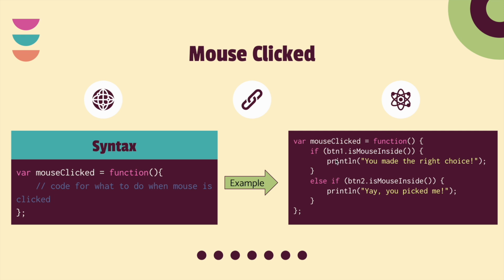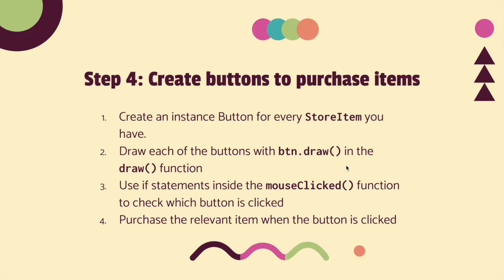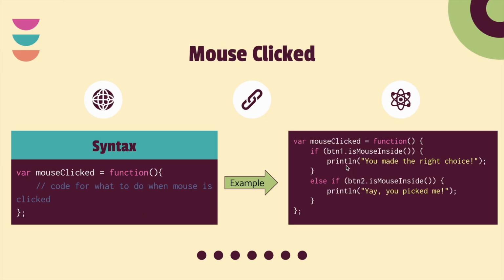So in this case, we want to check if the mouse is inside of the buttons, and the way you can do that is by using the isMouseInside function of both of your buttons. So you can check those using if statements, and if that's true, you want to go ahead and purchase whatever that store item is.